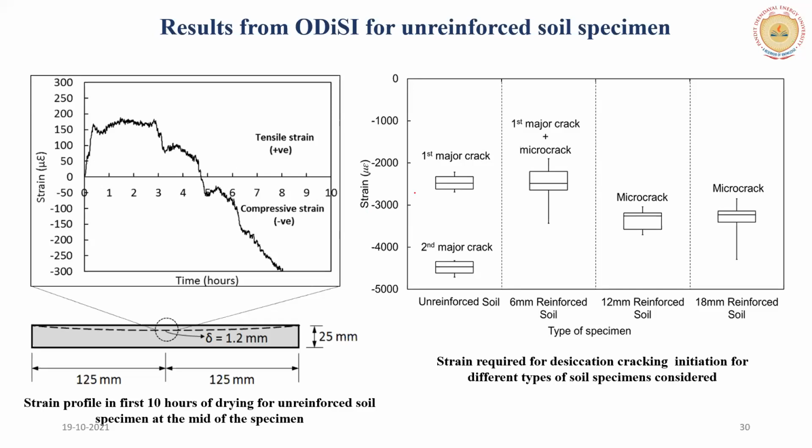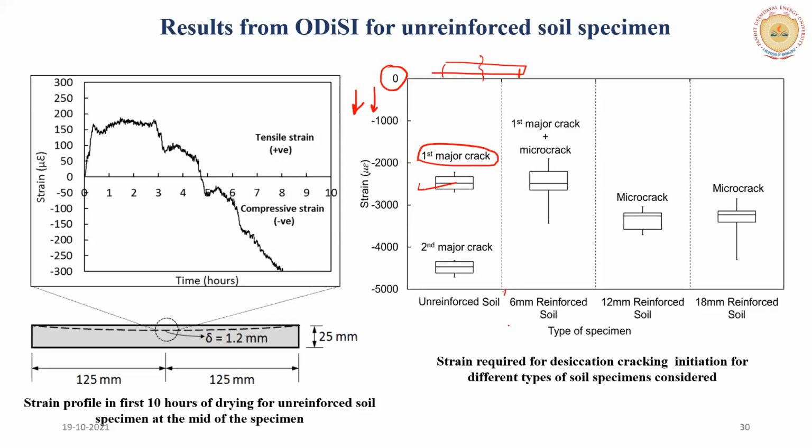This one. So this is 0. Please mind well that we are going in the negative direction. So at very low strain values, very low strain means at very low shrinkage, I can expect an unreinforced specimen to crack from the middle, right?